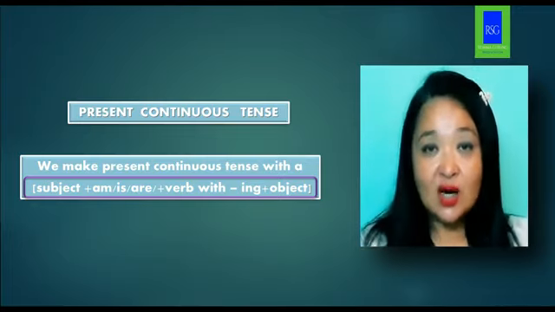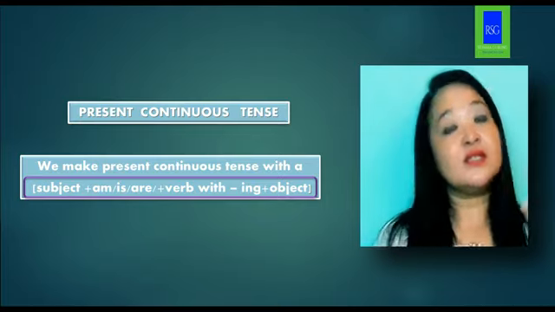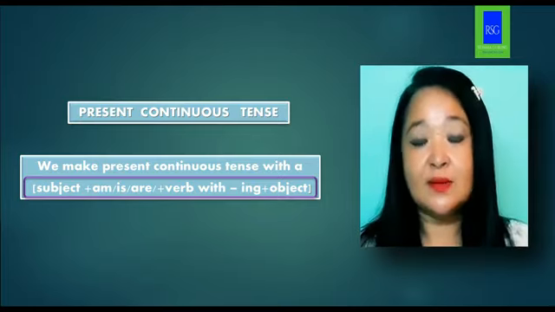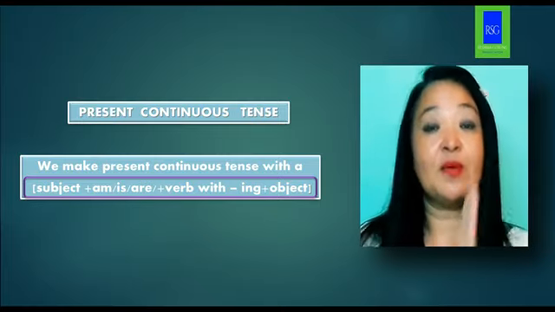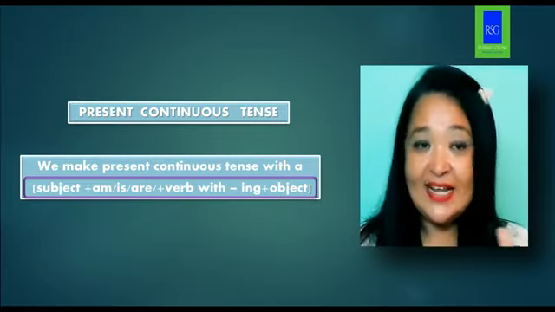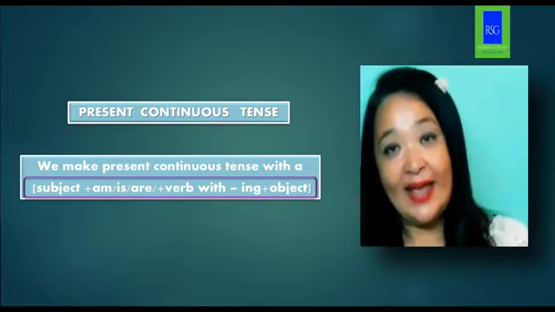Understood? So the structure or the formula to make present continuous tense is what? First is the subject. A person who is performing an action is the subject. Subject plus am or is or are plus the verb which ends with ing.